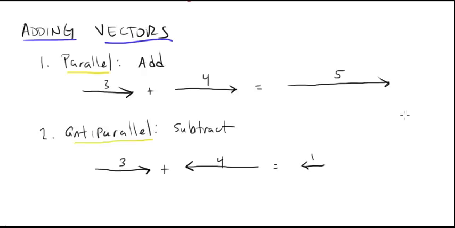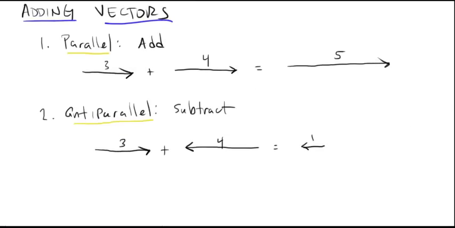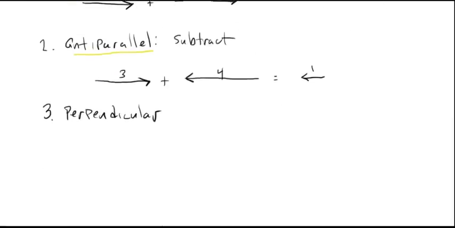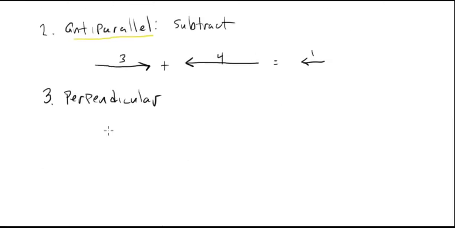Okay. The last way we're going to go over for combining vectors is a case we didn't see in the previous example: what would you do if you had vectors that were perpendicular? Right? So what if I had 3 and 4 like this, such that this right here is a right angle?